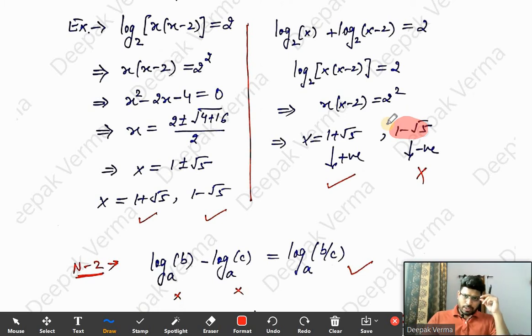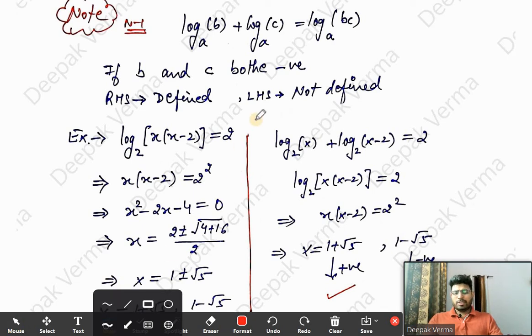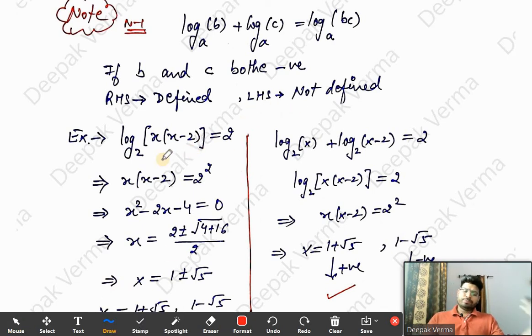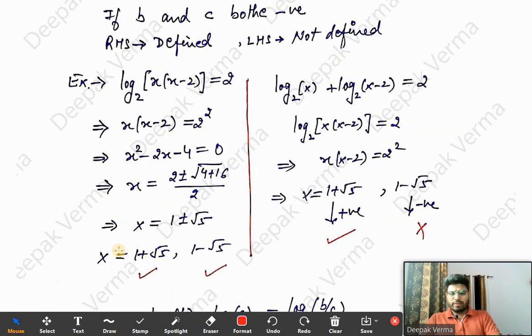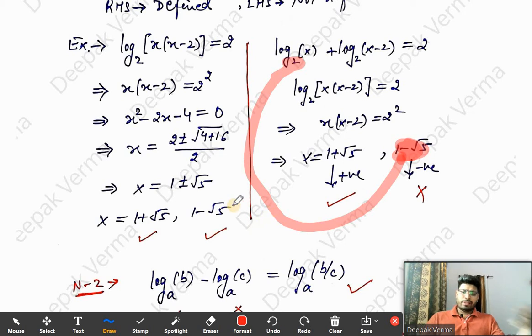So what we want to say is, whenever we have a question like this, a logarithmic equation, solve it in its original form. Or if you are applying the property, then it's not a problem, just solve it. But remember one thing, when you get the final answer, you must check it by putting it in the original question, whether the calculated value satisfies the original question or not.